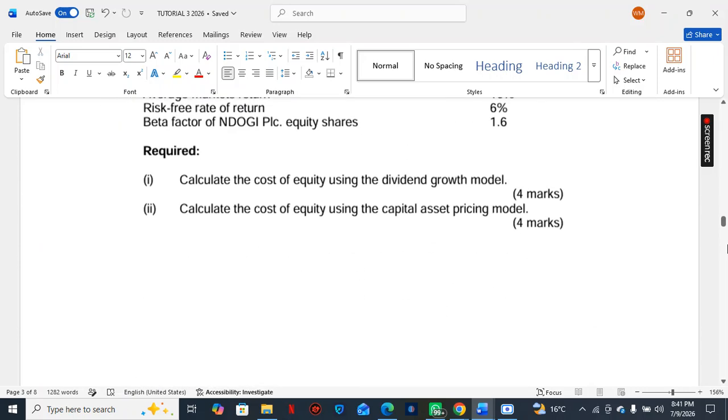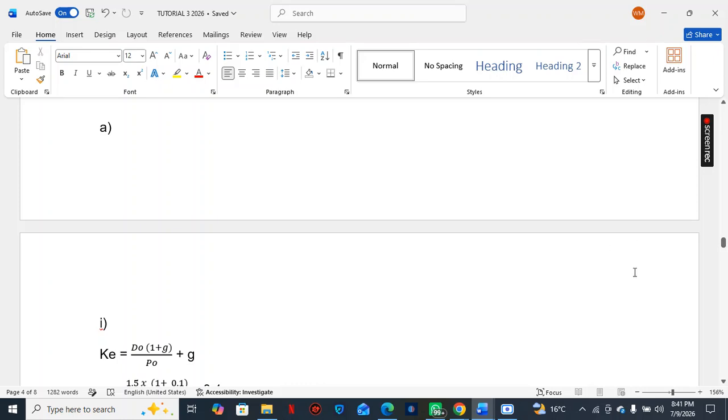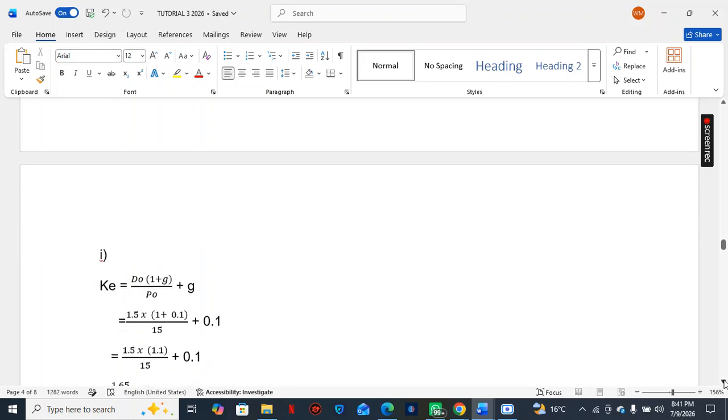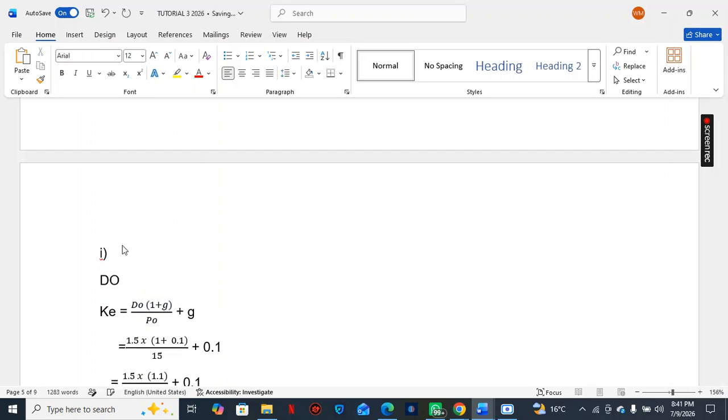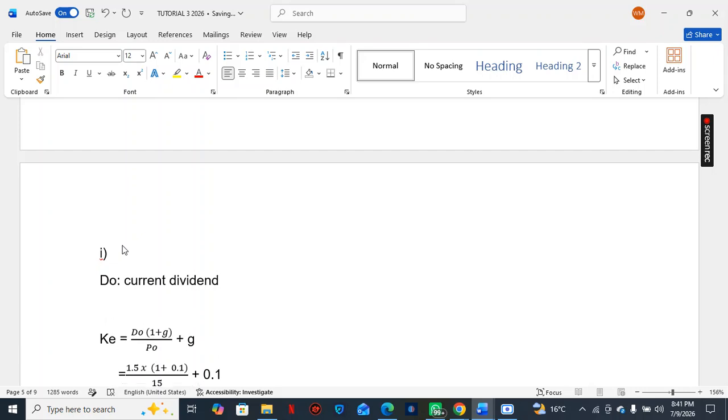Colleagues, this is the formula for the dividend growth model. KE, cost of equity, equals D0. D0 is the current dividend. In some books you're going to see a D1.